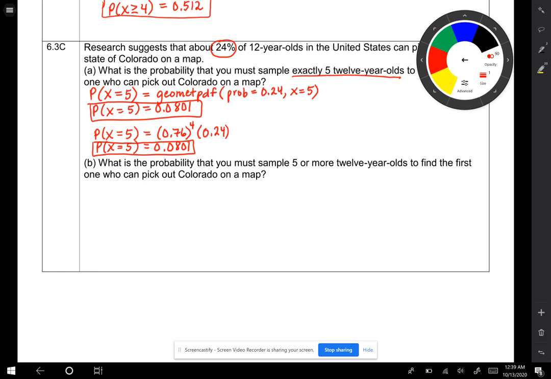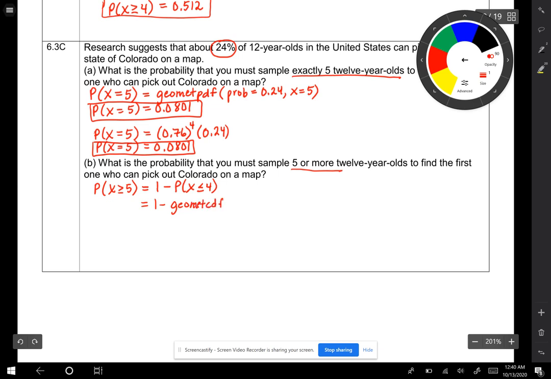What is the probability that you must sample 5 or more 12-year-olds to find the first one who can pick out Colorado on a map? So X is greater than or equal to 5. Subtract the probability that X is less than or equal to 4 from 1. So it'd be 1 minus the geometric CDF.